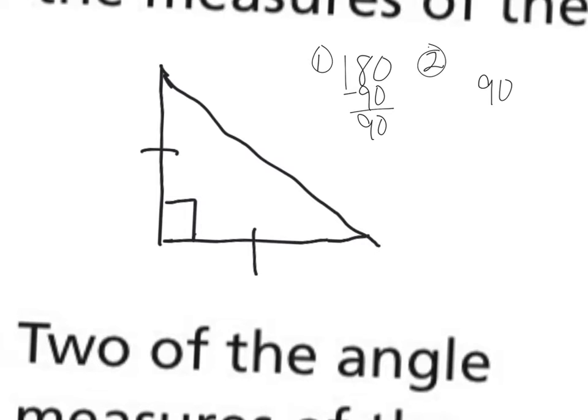So if we take 90 divided by 2, that will tell us what each of those other angles are. When you divide that out, you should get 45, which means each of those missing angles would be 45 degrees. So the three interior angles would be 90 degrees, 45 degrees, and 45 degrees.